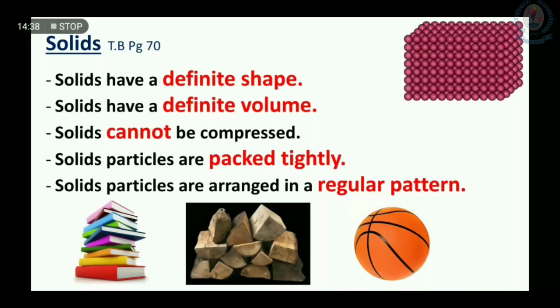But remember one thing, children, solids cannot be compressed. Why? Because their particles are tightly packed with each other. So tell me some examples of solid materials which exist around you. Definitely you have a mobile phone or a laptop. You have a table. You have your science books with you, isn't it? So these things we say are solids.